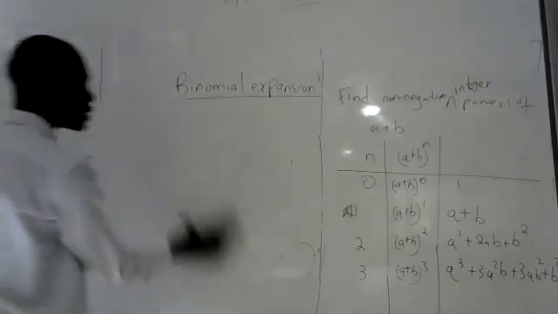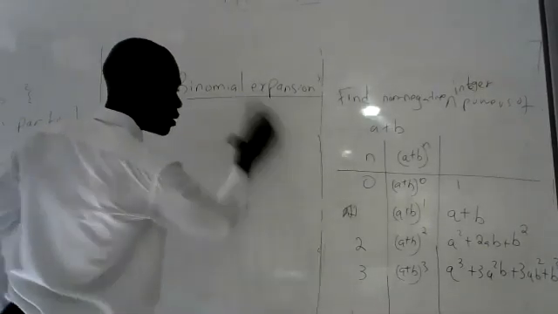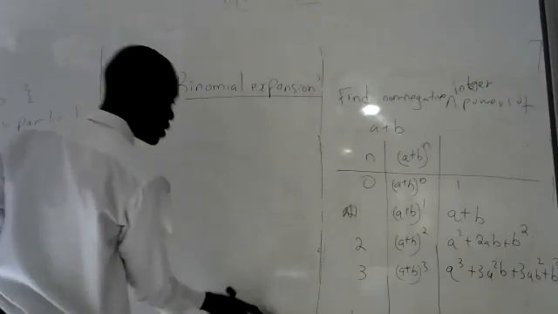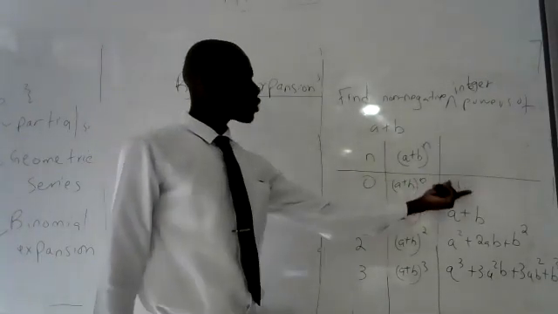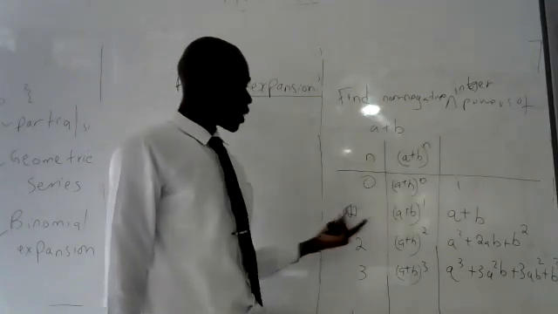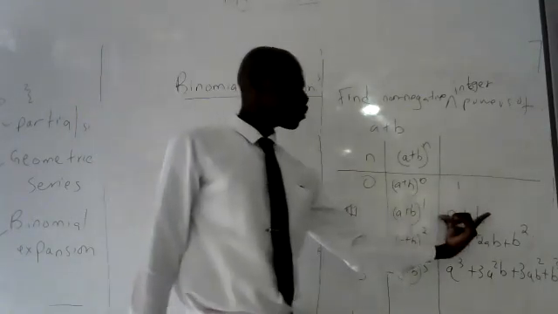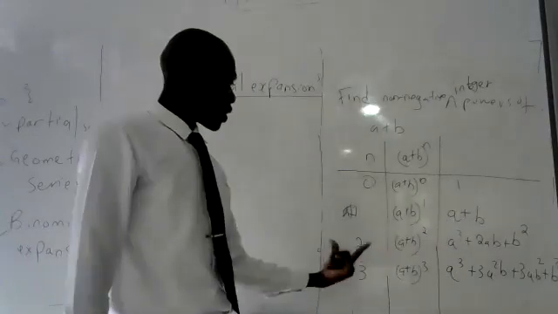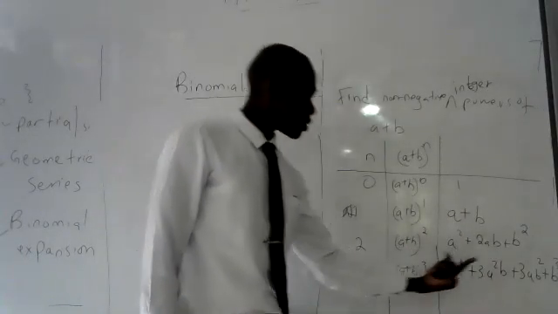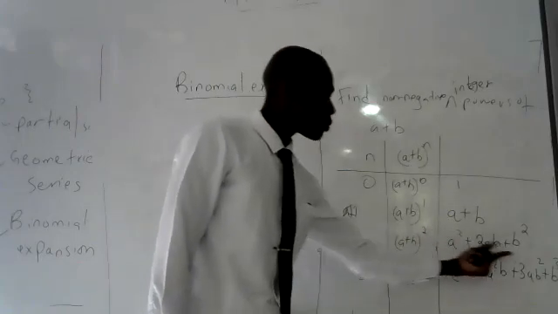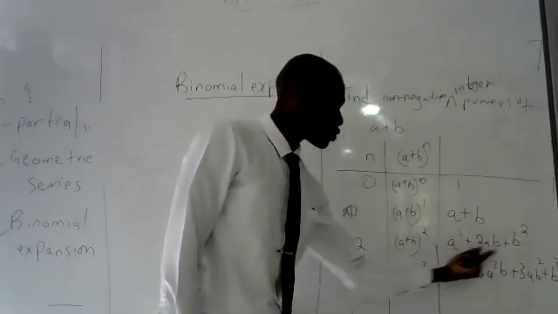There are some few observations I would like us to make before we generalize this. Notice that when n is 0, there's just one term. When n is 1, you have 2 terms. When n is 2, you get 3 terms, so this is 1 plus 2 plus 1, 2, 3.